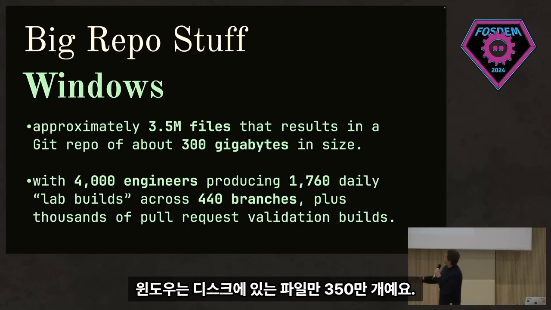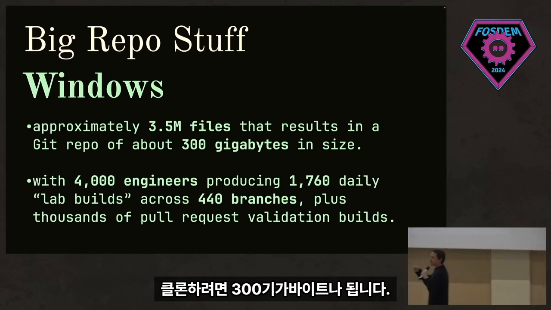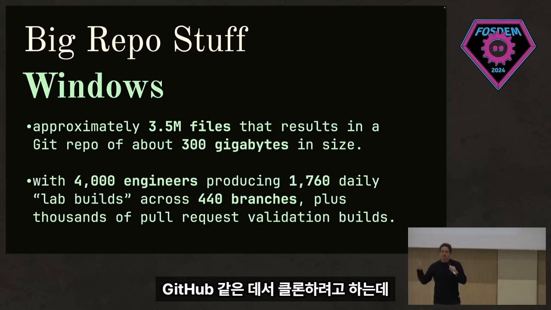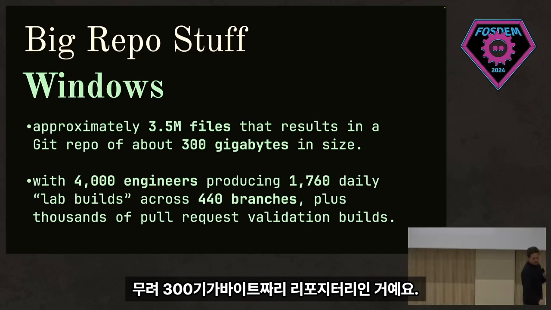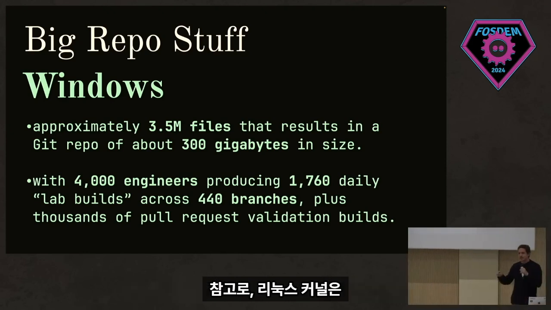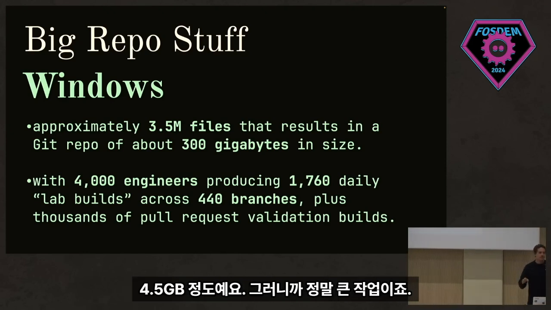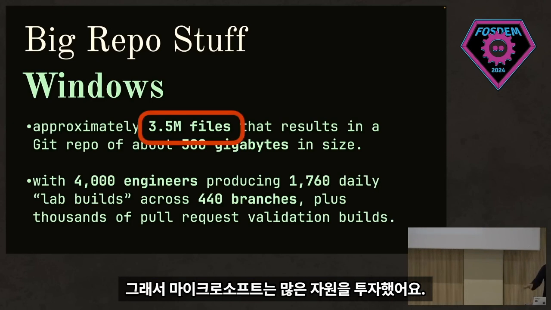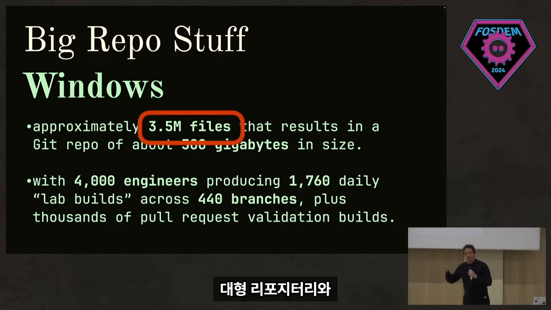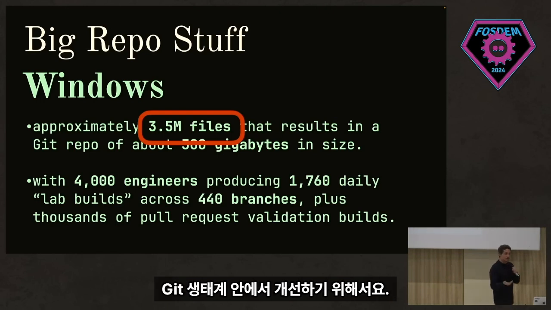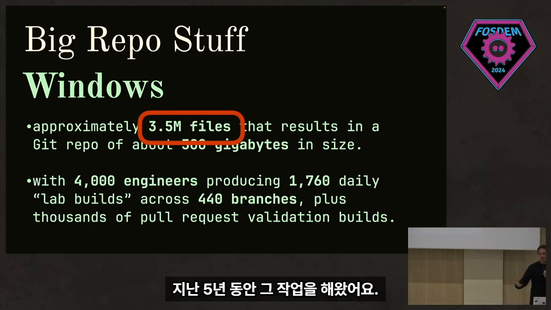Windows is 3.5 million files on disk, 300 gigabytes to clone. Think about starting a job and trying to clone off of a Git repository like GitHub, 300 gigabytes. For reference, the Linux kernel is 4.5, right? So it's a chore. And so what they did is they put a lot of resources into making large repositories and monorepositories work relatively well in the Git ecosystem in the last 5 years.